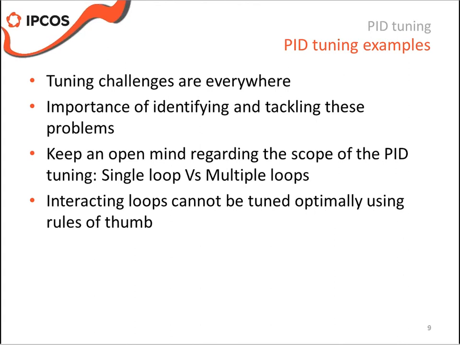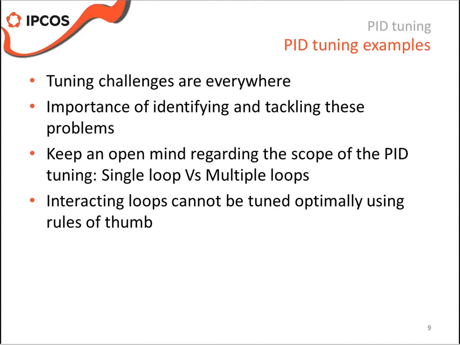Now, a prelude before we go into the examples is to give you a flavor for what PID tuning is all about with respect to multivariable PID tuning. Fairly obvious to state, but PID tuning challenges are everywhere in your plant.